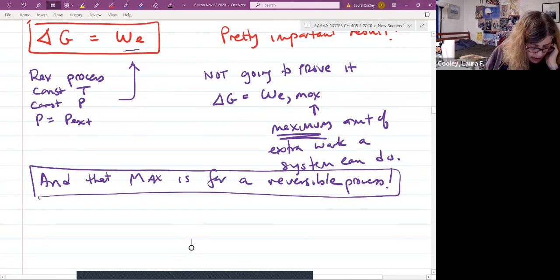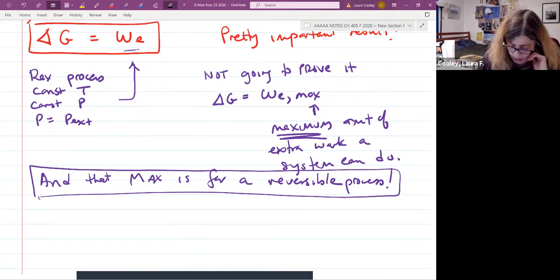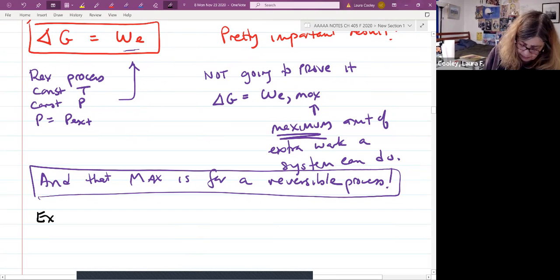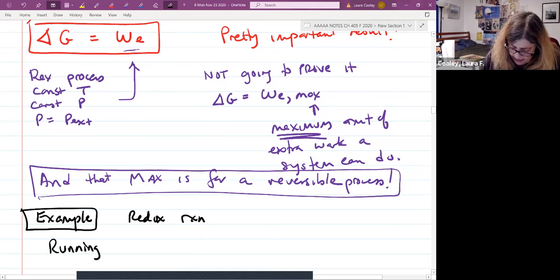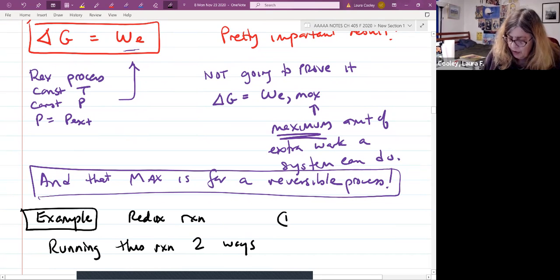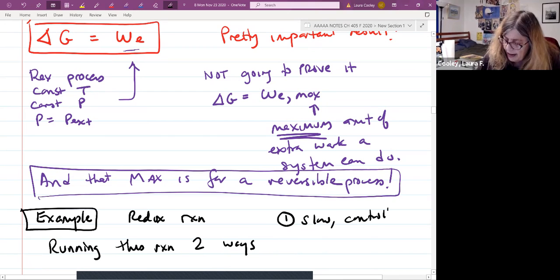So what I'm going to do is continue with this. I'm going to actually do an example. I'm going to show you a very simple redox reaction, and I'm going to talk about running this reaction in two different ways. In the first way, it's going to be nice and slow and controlled, and you'll see how.